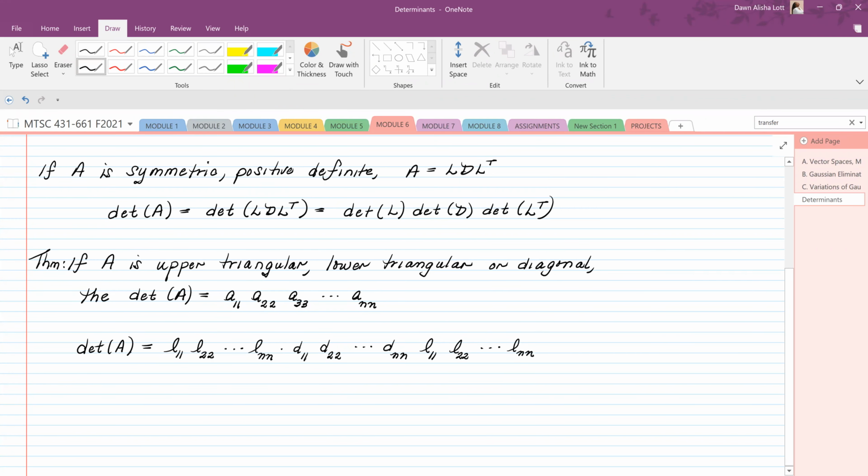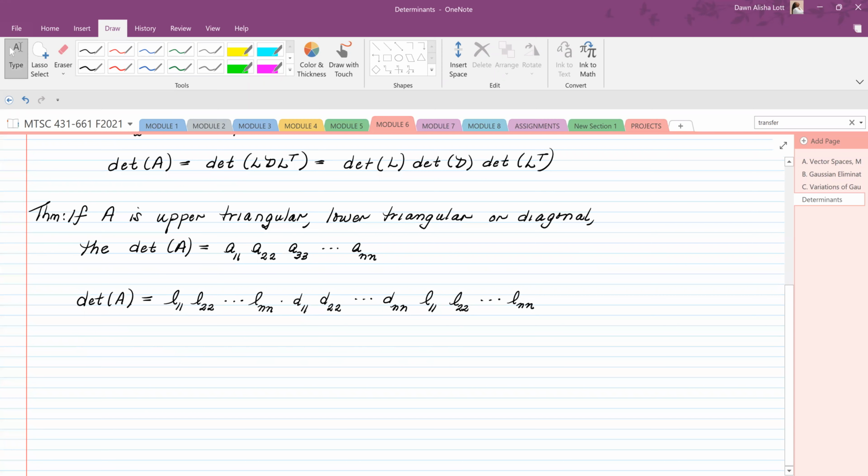So you can compute the determinant of the matrix if you can find that LDL transpose. So the determinant of A becomes L11 squared, L22 squared, all the way down to Lnn squared, times D11, D22, Dnn. You'll need to put that in your code in order to compute that.